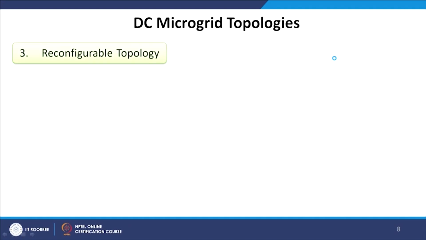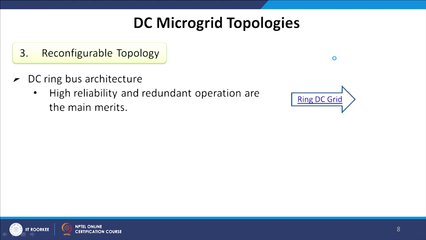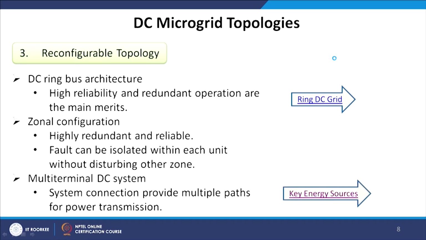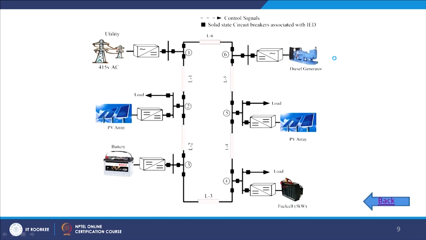Now, the reconfigurable topology, where let us focus on a DC ring bus architecture. The DC ring bus architecture, you can see that the ring structure is of this type.